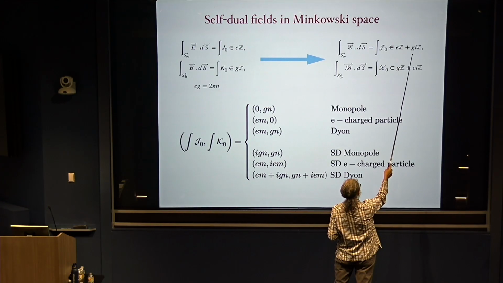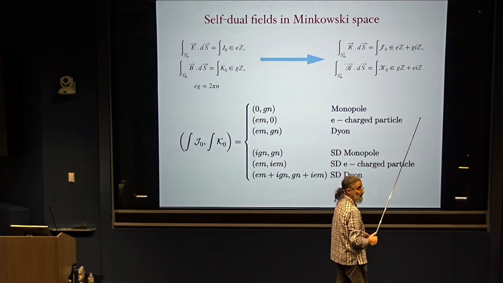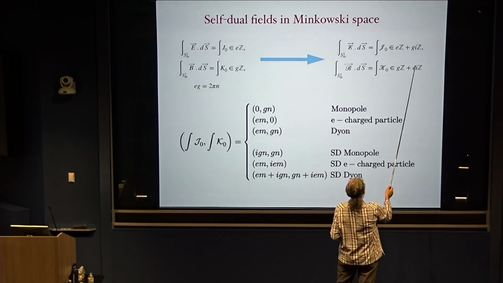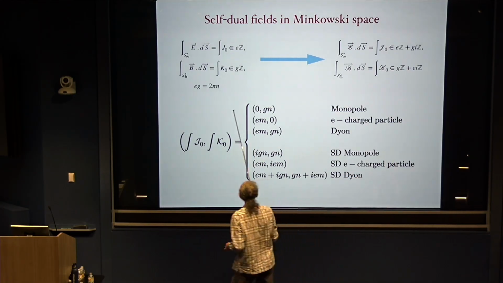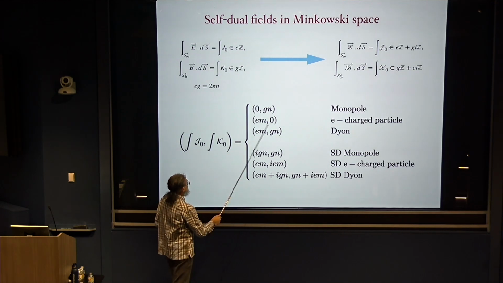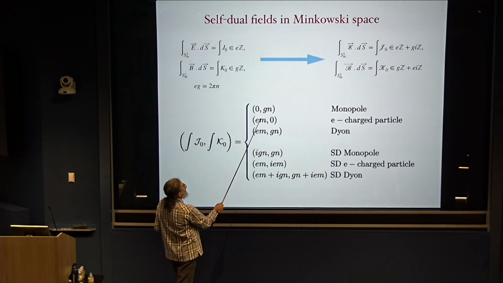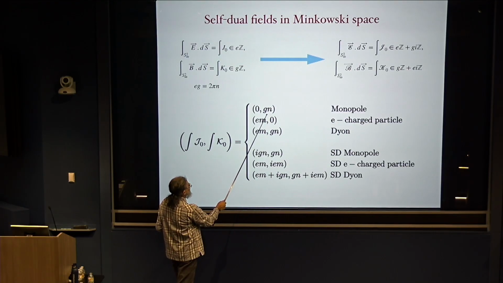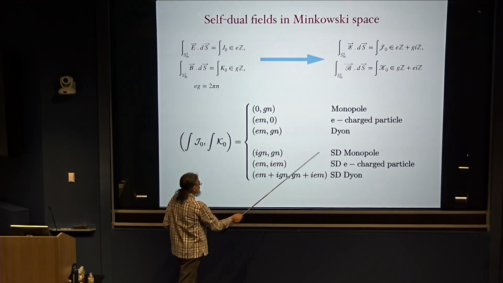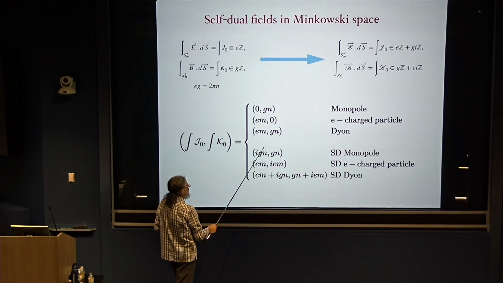It also has a purely imaginary part in units of G, where G is 1 over E. Now, these are the standard things. If we have a monopole, we have some magnetic charge G, electric charge 0. But if I want to make it a self-dual monopole, I do get this.